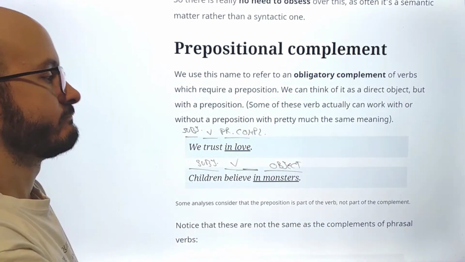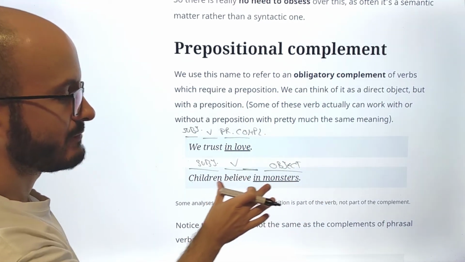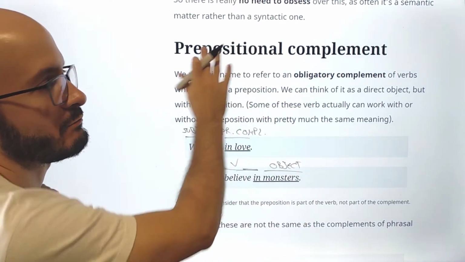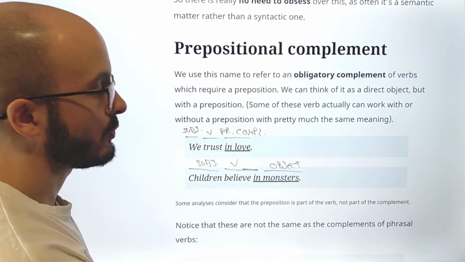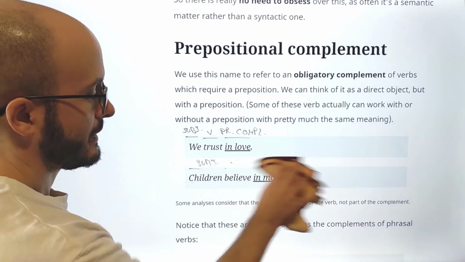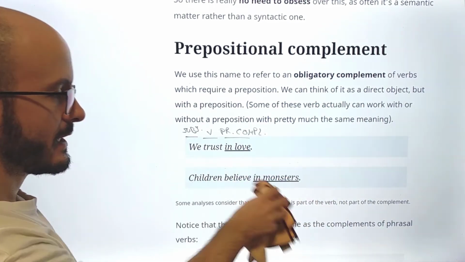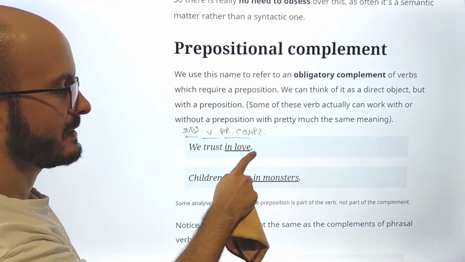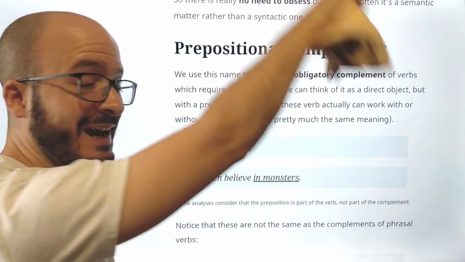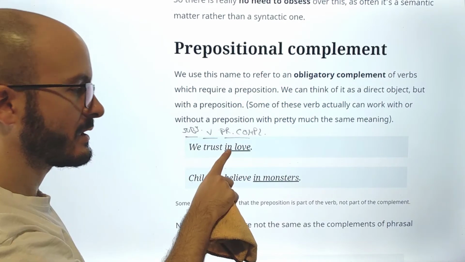In that case, it doesn't make sense to consider a prepositional complement. For our purposes, I prefer my analysis, okay? So a prepositional complement is like an obligatory complement, like the direct object, but with a preposition.